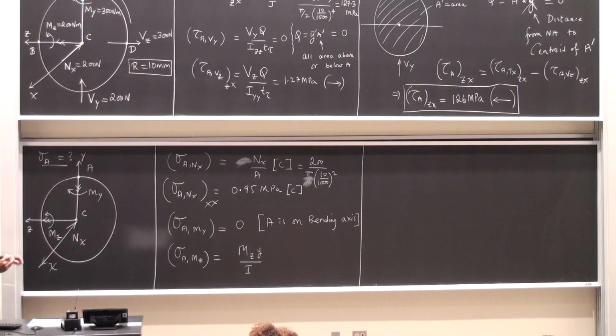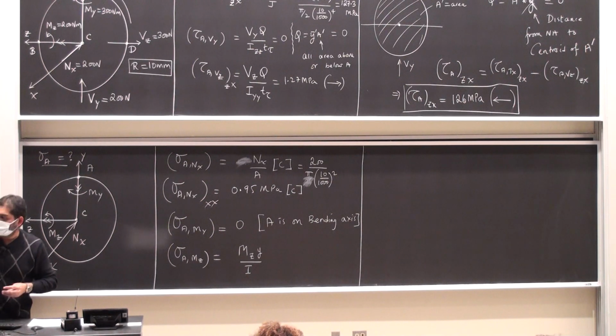Okay? So mz, the way it acts is that it is going to take all the fibers below it to be pulled out of the page, all the fibers above it to be pushed into the page. Does this make sense to everybody? Okay, so in some sense, it is the same example that we have been looking at for a while.